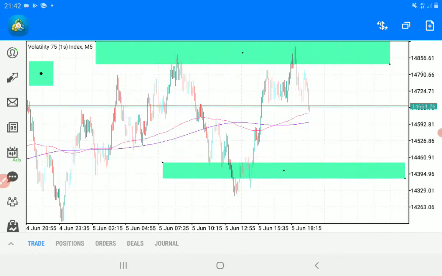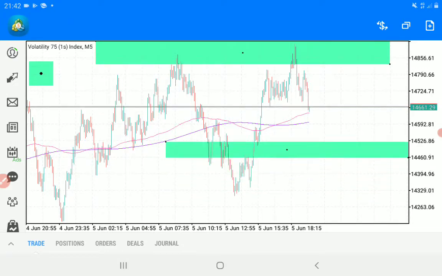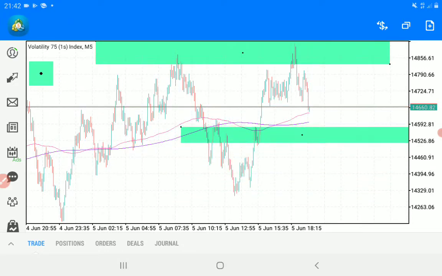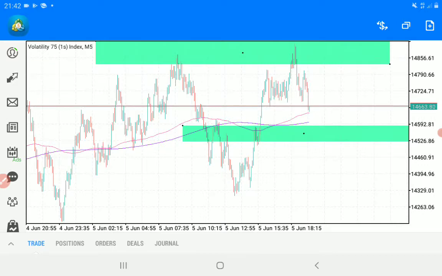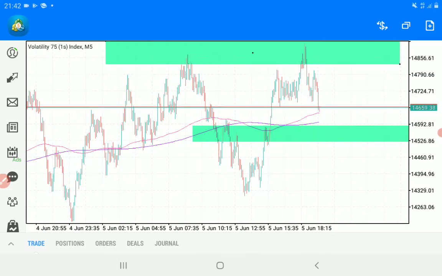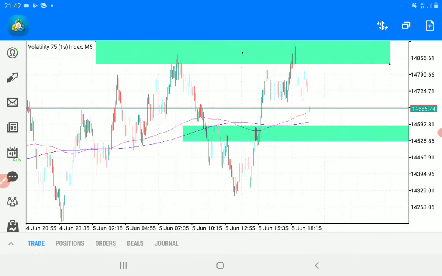Somewhere around here we can TP. In fact, you can actually TP there, right? If you don't want to TP, you can just trail your stop loss. Something called trailing your stop loss.